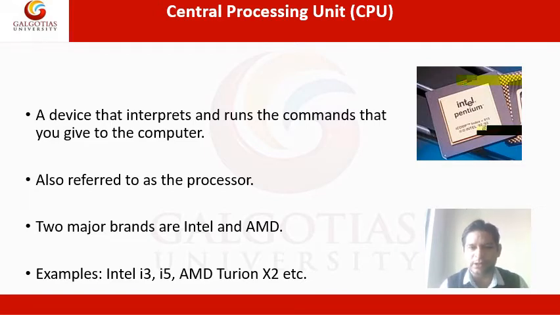Examples of central processing units are Intel i3, i5, and AMD Ryzen, and there are so many other brands developed by these companies, Intel and AMD. Both have their own market, and the major market is captured by Intel. All of you are aware that Intel is the main brand of processors.